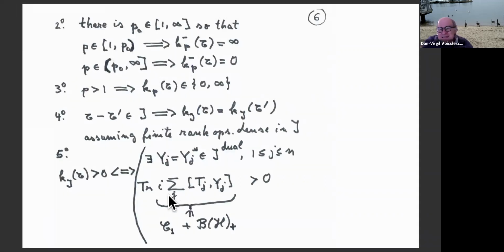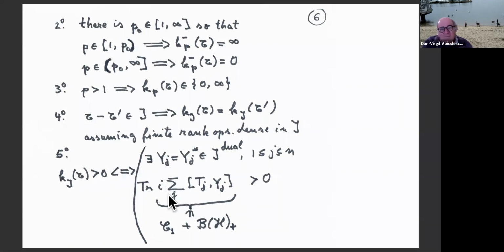Then there is always a number P_0 between 1 and infinity, so that to the left of P_0, so below P_0, K minus P of tau is infinity, and above P_0, it is 0.